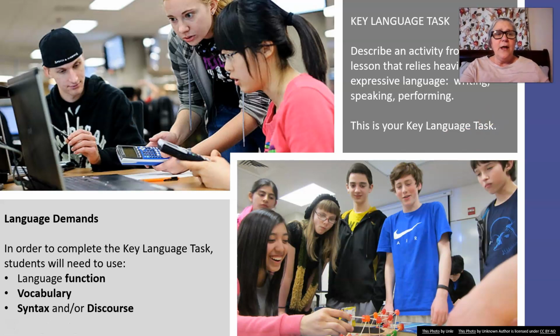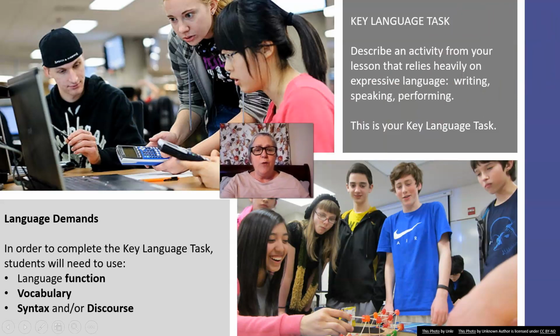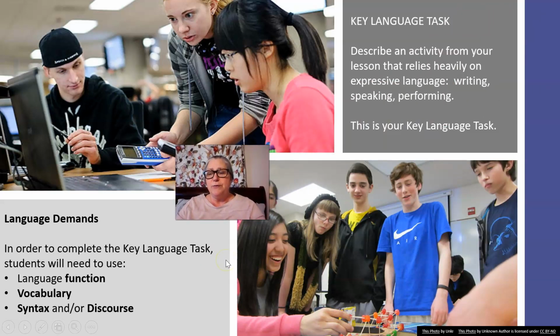With your lesson plan, we have you practice what you're expected to do in the EdTPA, and that's to identify a key language task. So you're thinking about your lesson that you've written, and now you need to think about an activity from your lesson that uses expressive language heavily.